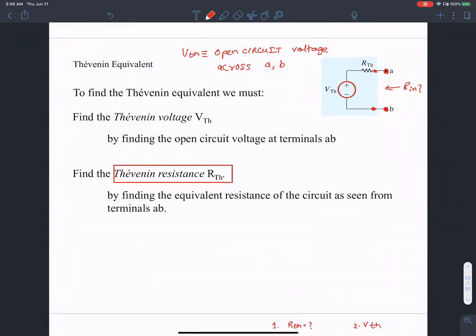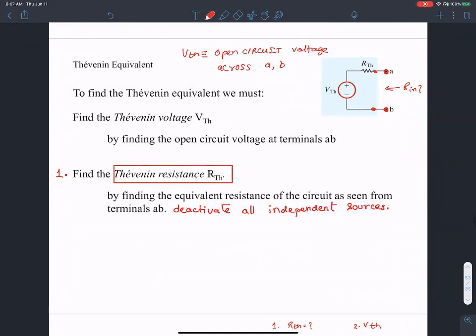The order does not matter, but the first step is to find the Thevenin's resistance. When you're finding the Thevenin's resistance, you deactivate all the independent sources.